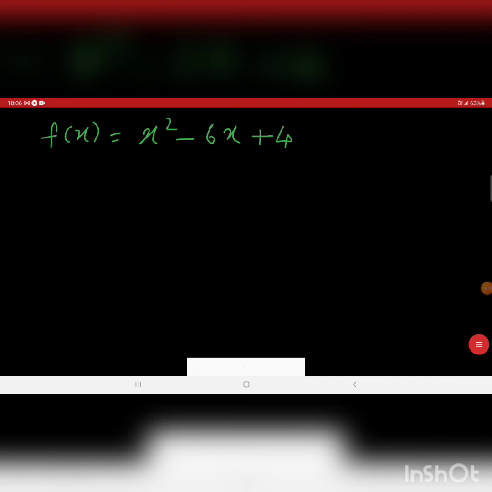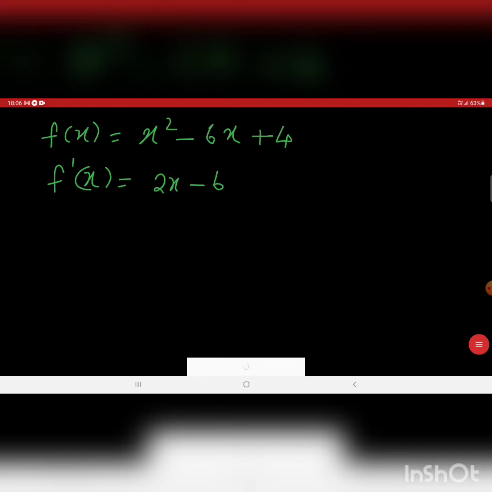Let us take f of x equal to x square minus 6x plus 4. We have to find the interval in which the function is increasing or decreasing. Now what is f dash x? f dash x is equal to 2x minus 6.